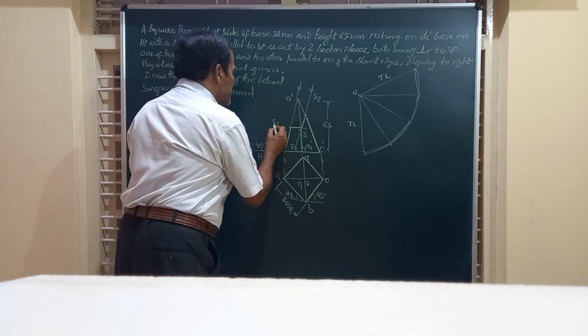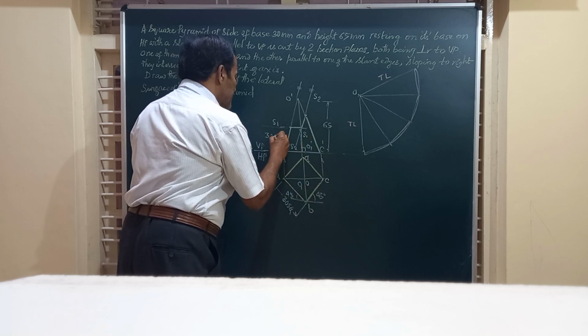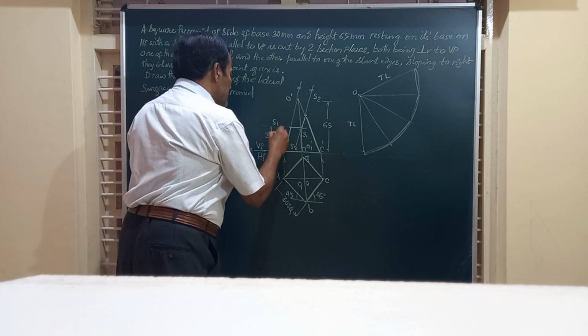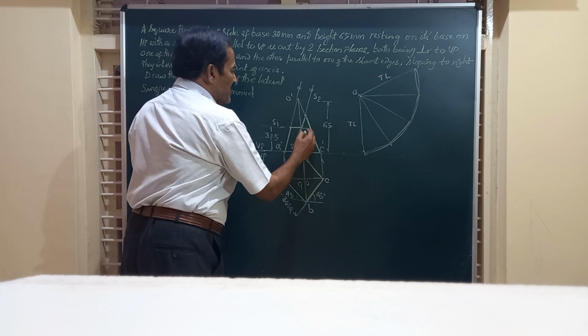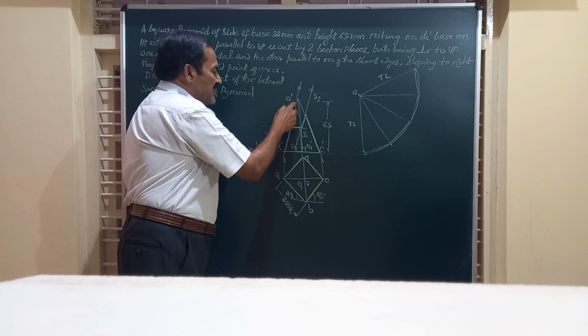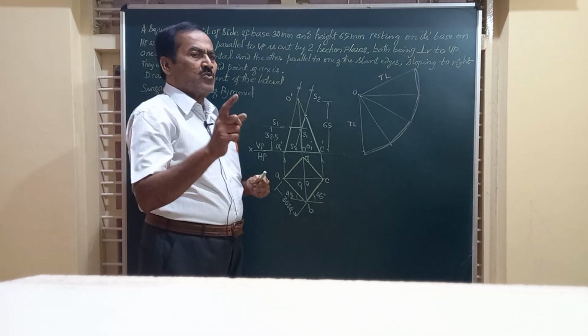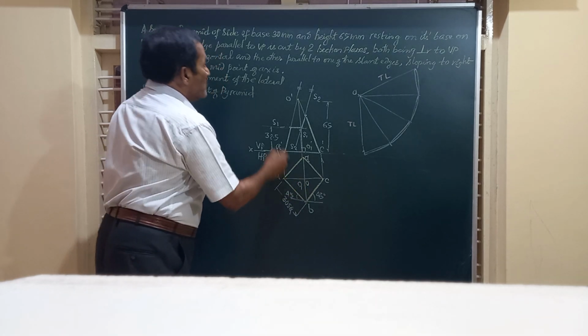That is to say, friends, we have to take half of this, that is 32.5 millimeter, as the distance from the base of the solid till the section plane S1, S1, and this S2, S2 is parallel to O dash A dash, and O dash A dash is one of the slant edges, and that is parallel to VP as per the question.